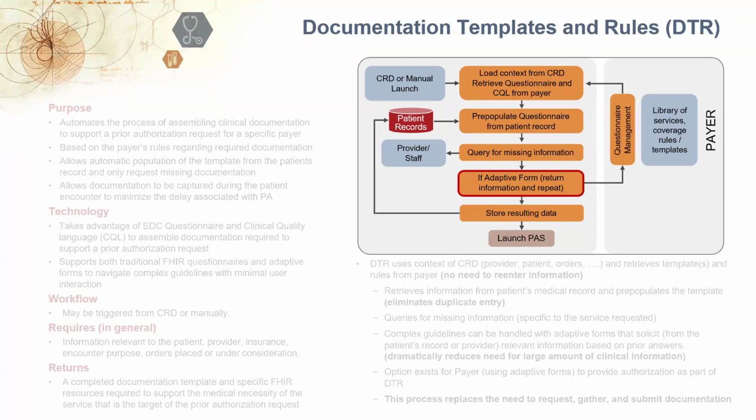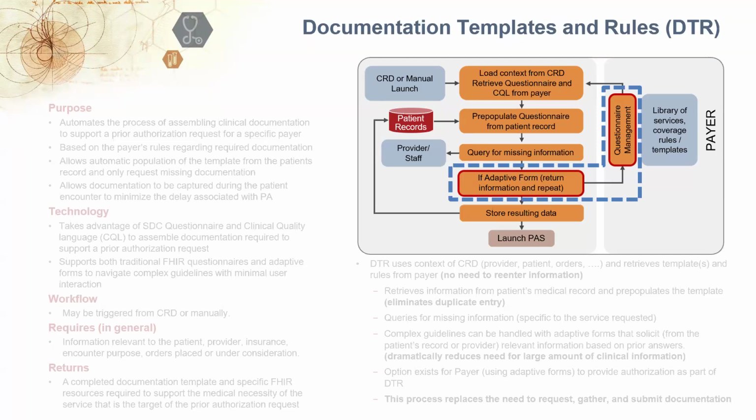And it will indicate that it's adaptive, which means you answer that question, and then you actually send that back to the payer asking for the next question. The payer can evaluate the way that first question was answered, or set of questions, and based on how it was answered, determine what's the next question necessary. And that's an iterative process that would go around and around.